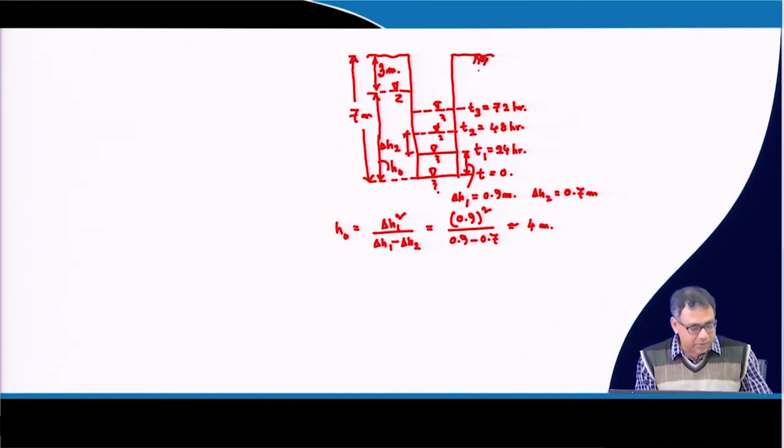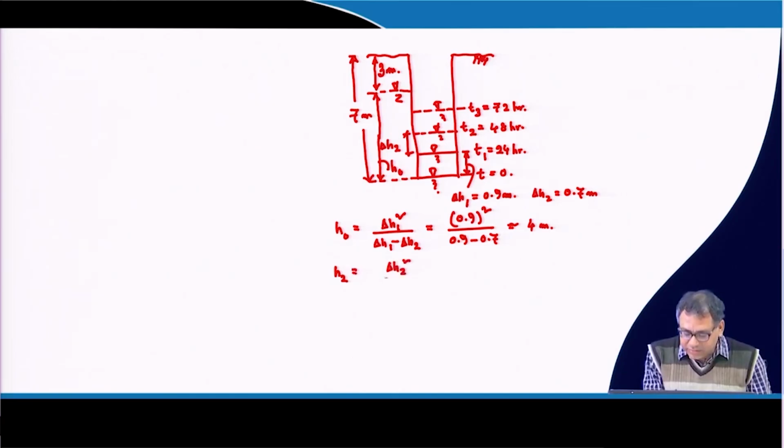Okay, so now for cross check, we can calculate again the h for del h2, which is del h2 square divided by del h1 minus del h2.